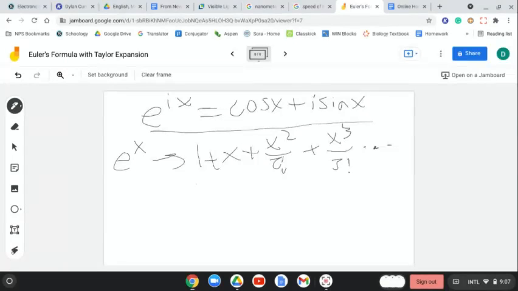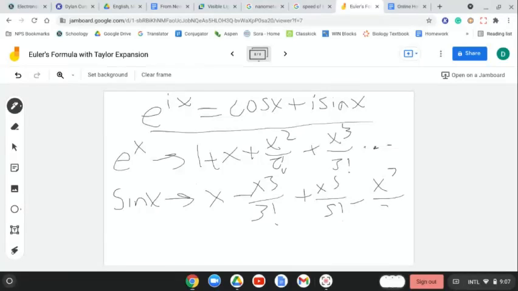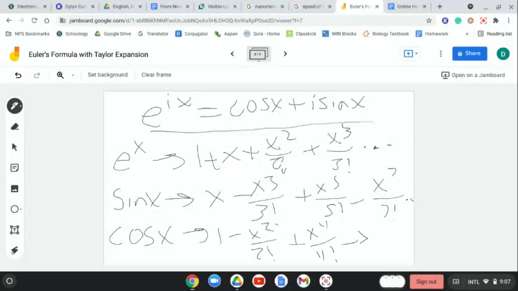Sine of x equals x minus x cubed over 3 factorial plus x to the 5th over 5 factorial minus x to the 7th over 7 factorial, and this goes on forever. And the expansion of cosine of x is 1 minus x squared over 2 factorial plus x to the 4th over 4 factorial minus x to the 6th over 6 factorial, and this goes on forever.